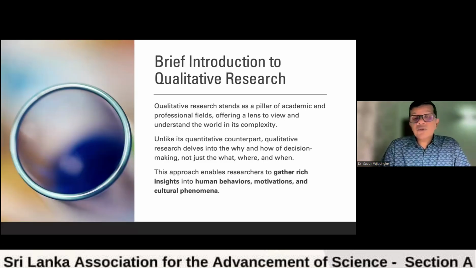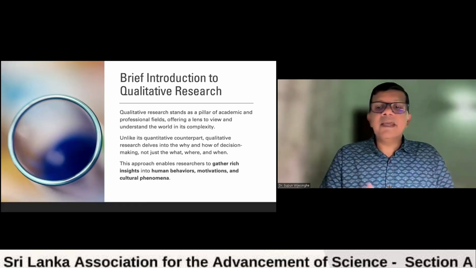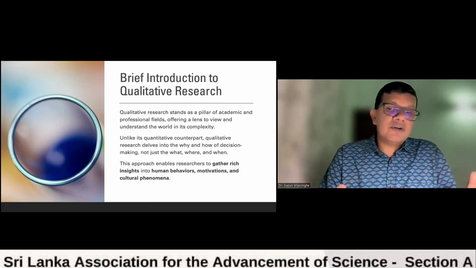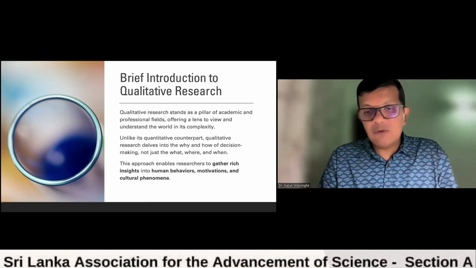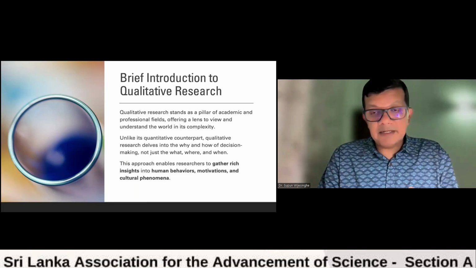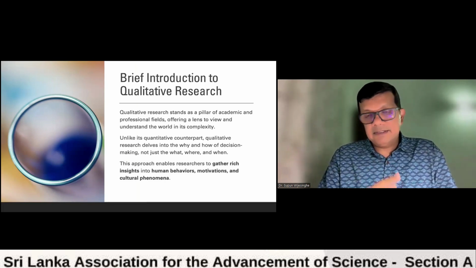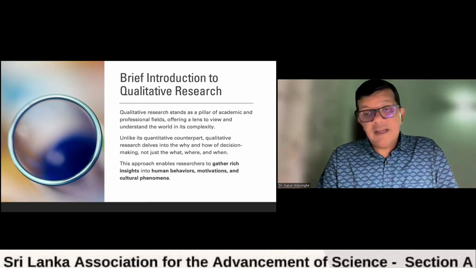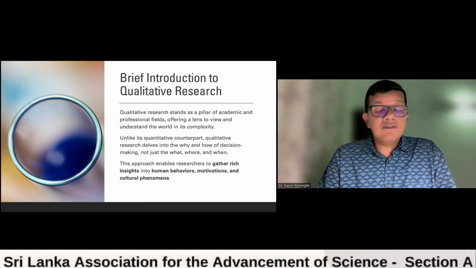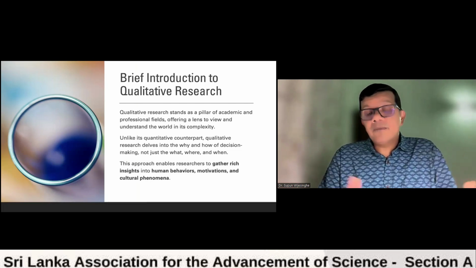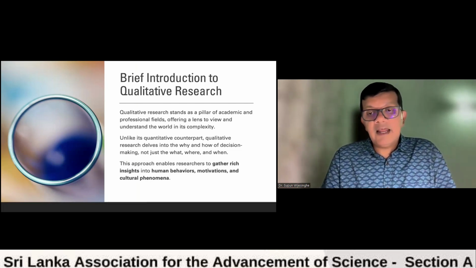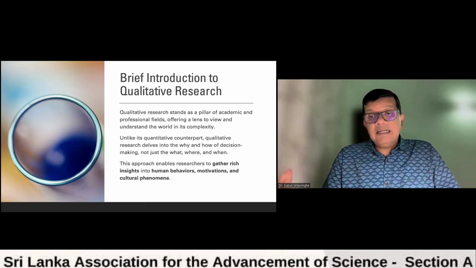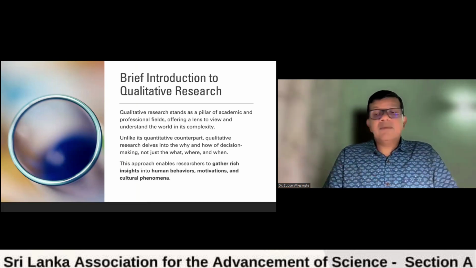If you look at qualitative research, it is looking at insights into human behaviors, motivations, and cultural phenomena. For example, why people consume certain food, why people do breastfeeding, why people give exclusive breastfeeding for 6 months, or why people come to hospitals for certain illnesses and how they perceive illnesses like cardiovascular disease and non-communicable diseases.